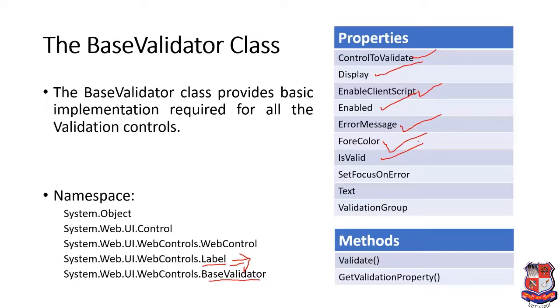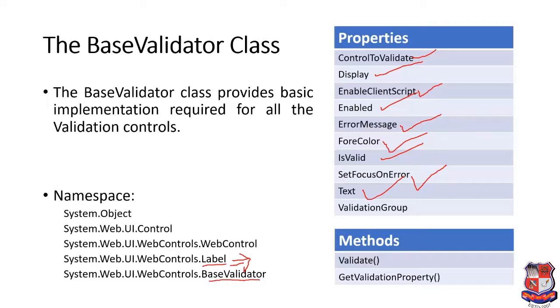This property is used to handle a value that indicates if the associated input control passed validation or not. Next is SetFocusOnError. This property is used to handle a value that indicates if the focus is set on the control specified by the ControlToValidate property when validation fails.